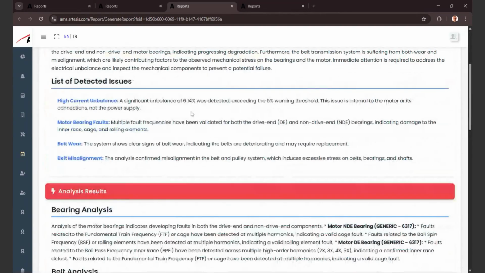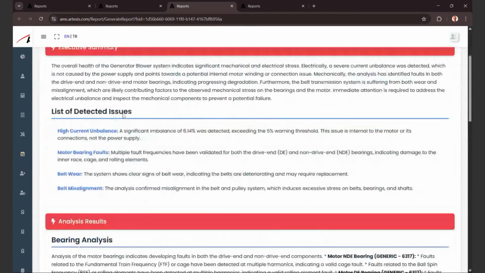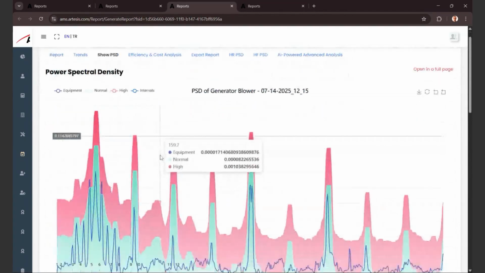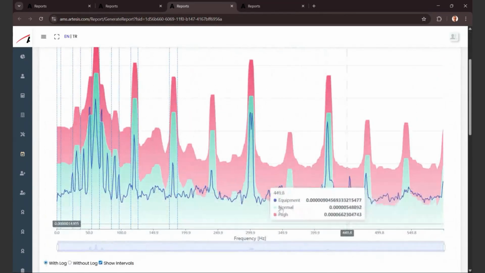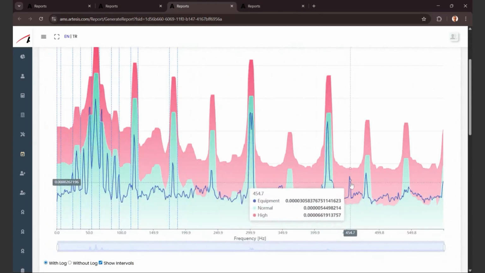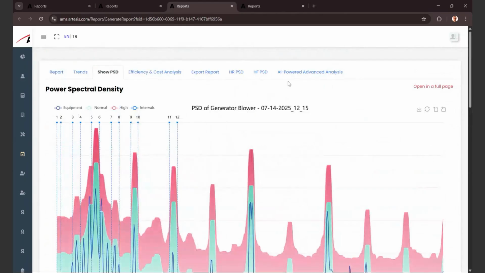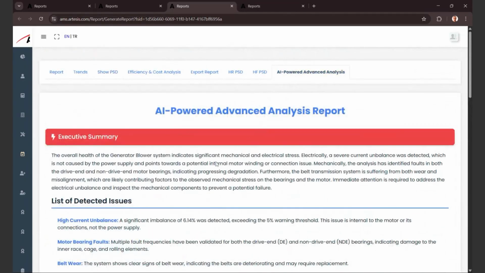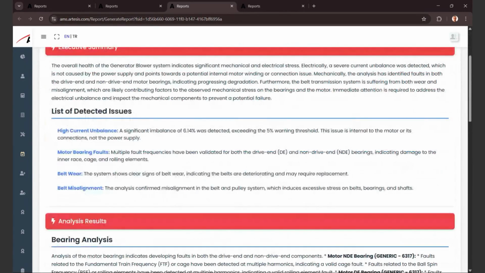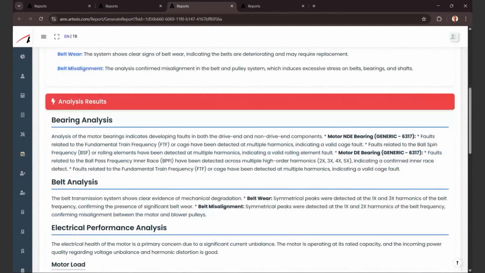Motor bearing. Naturally, if you have some belt wear and misalignment, you would see bearing frequencies, and you can actually do that analysis by yourself. So I would say this is the bearing frequency that the system picks up, and some over here as well. But again, you don't need to be that expert. It's telling you that's the case, and it actually tells you the drive-end and non-drive-end bearings indicate damage there, and lists what harmonics it's seeing those at in the high resolution spectrum.